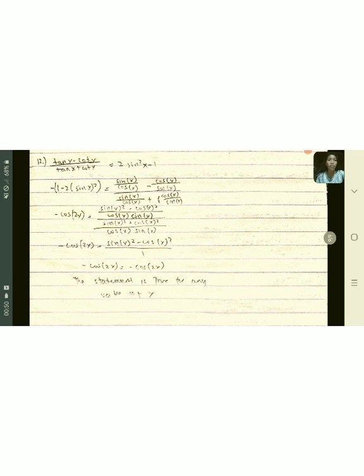So number 12, the equation is tan x minus cotangent x over tangent x plus cotangent x is equal to 2 sine squared x minus 1. So I rearrange it so that the equivalent is negative cosine 2x.